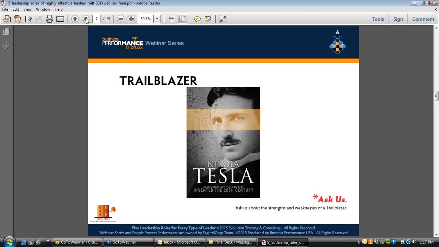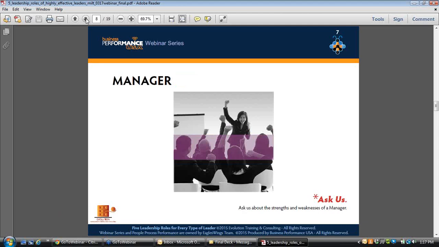Yep. Next up, just a couple of comments on Trailblazer to round that out. Think of a primary role for a Trailblazer as to set a charter. In most project management, program management, founders understand what it is to create a charter. That's typically the role of a Trailblazer.